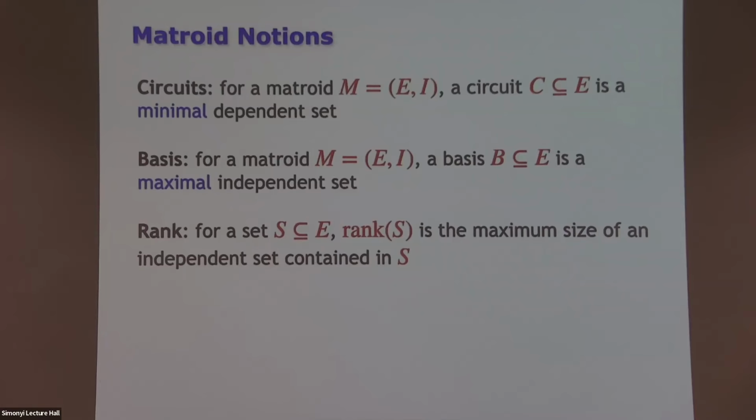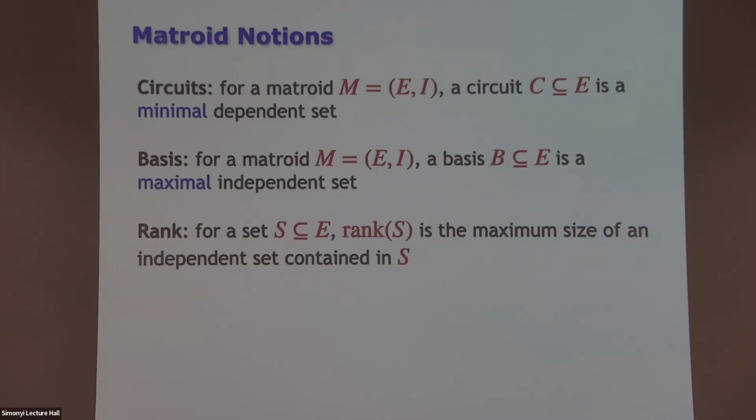A basis B is a subset of elements which is a maximal independent set, which means that B on its own is independent, but if you take any other element and add it to B, it becomes dependent. Just for the sake of clarity in later arguments, I will also define the rank of a set. For a set S, the rank of S is the maximum size of an independent set that's contained in S.